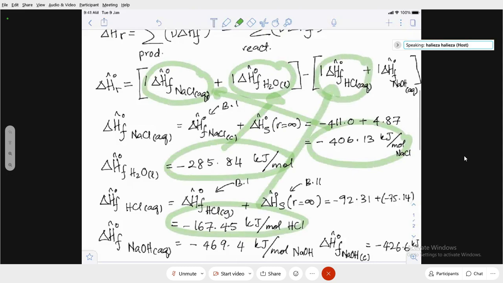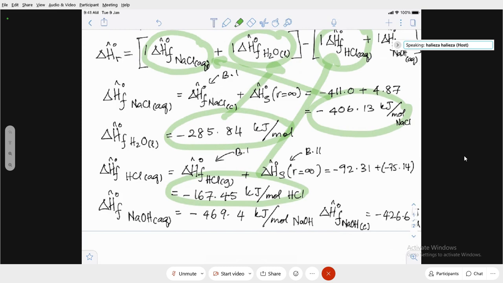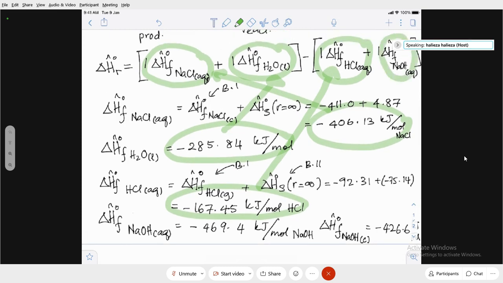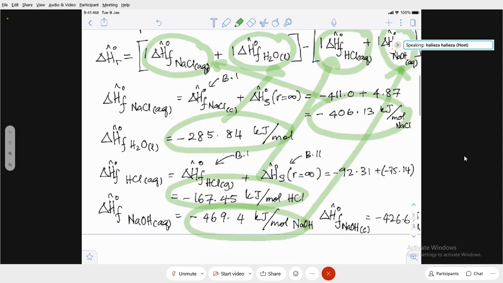And lastly, for your sodium hydroxide, we're going to put that value, the aqueous value, and substitute it there. Everything is there. Now if you substitute it, we calculate the heat of formation, which happens to be the heat of neutralization.